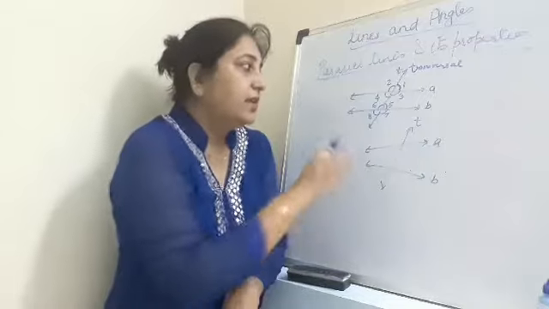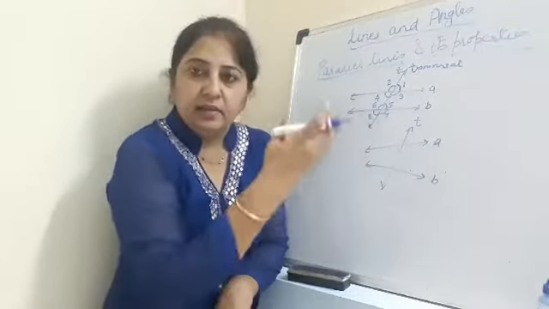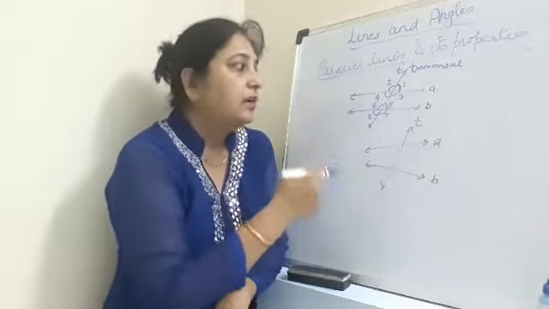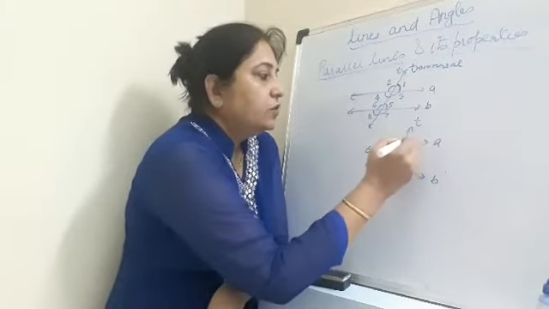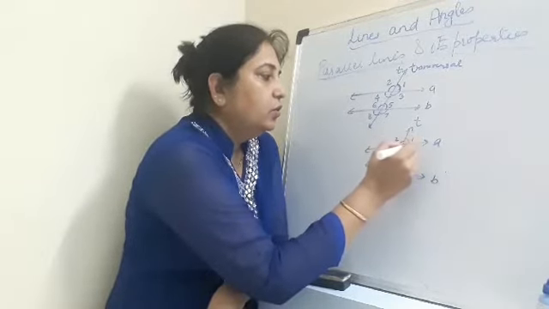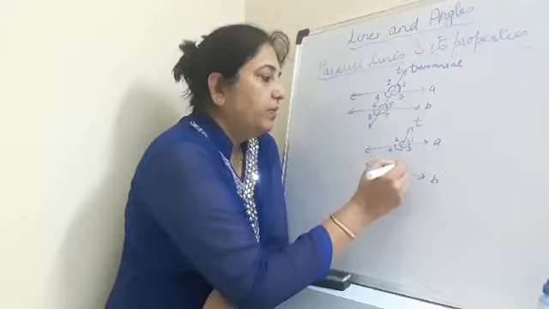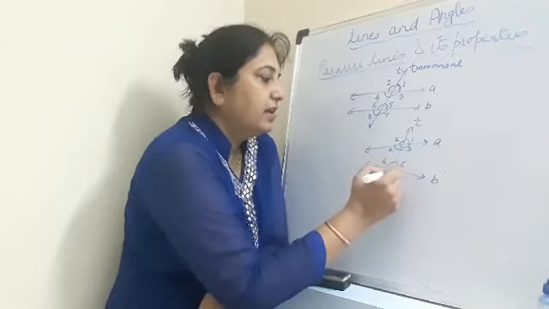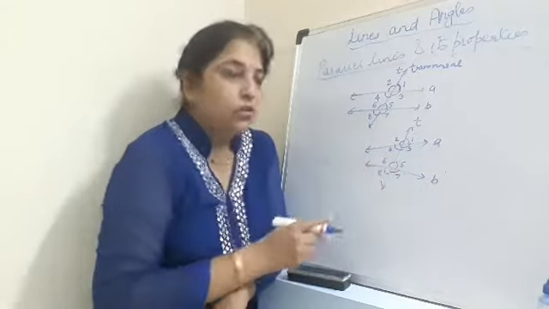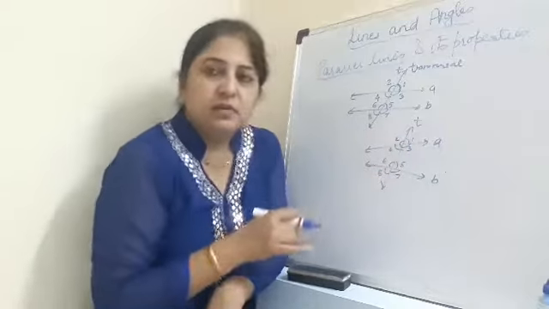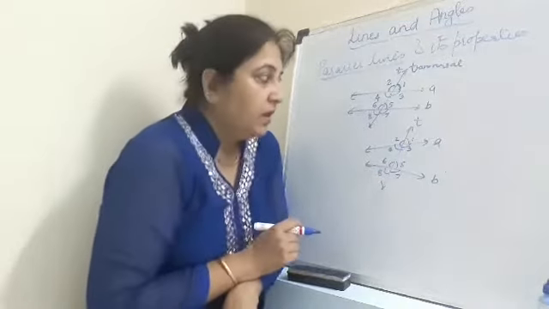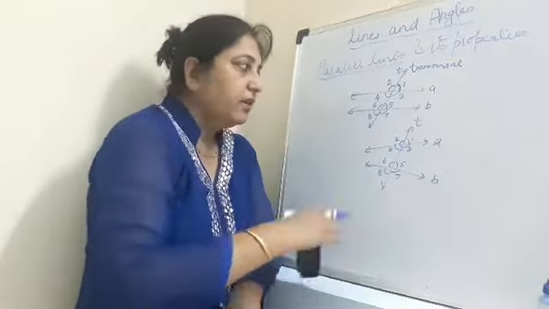So you can see that there are 8 angles formed when a transversal cuts any two lines. Here also if I take 1, 2, 3, 4, 5, 6, 7 and 8. So in both cases the number of angles formed is how many? 8.